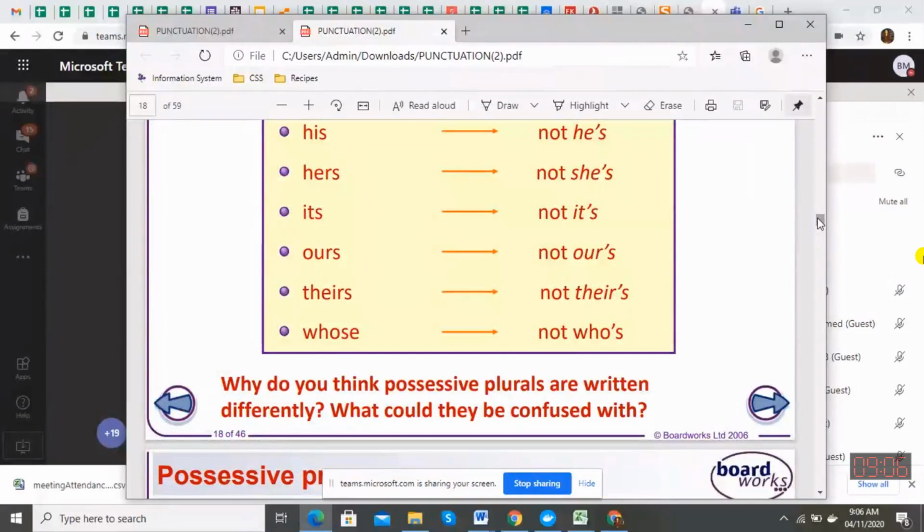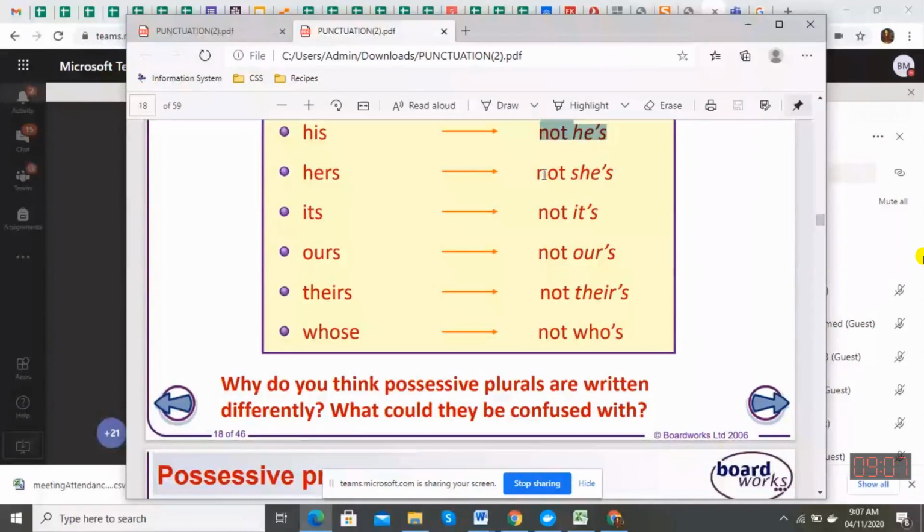So why do you think these possessives are written differently, and what could they be confused with? If we write them like this, can you see the screen? Yes, ma'am. If we look at the highlighted part and write possession like this, what will it be confused with, and it will not make sense? Ma'am, it will become he is or he has. Yes, of course.